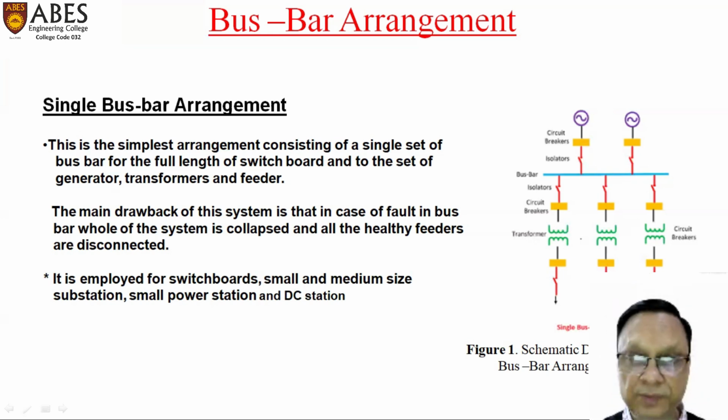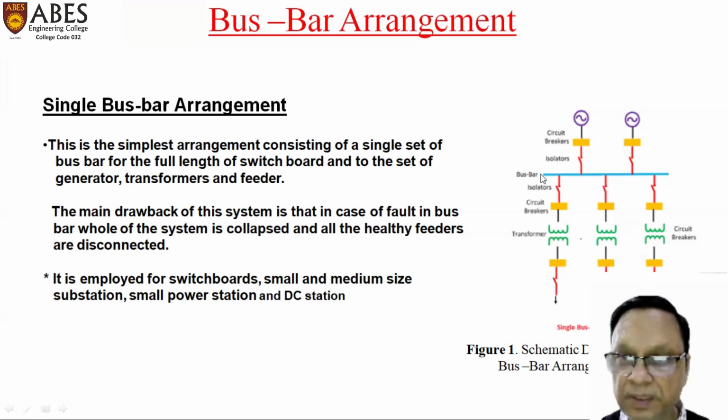It is employed for small and medium size switchgear, most probably from substation to DC station, small power stations. There also we are generating 11,000 volts to a DC station. They are used for very small sizes, where the system is very small.